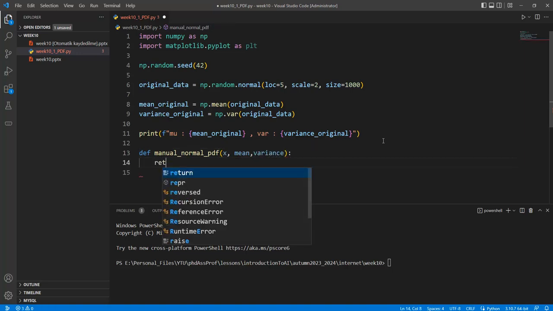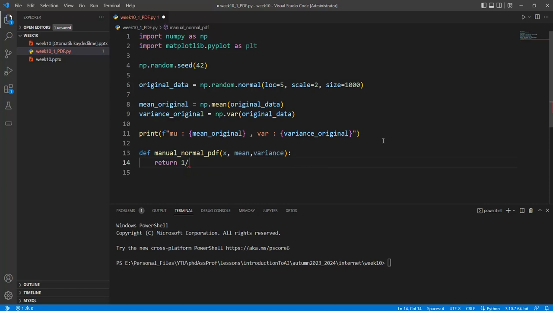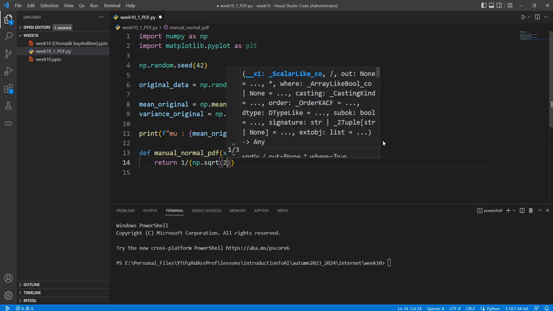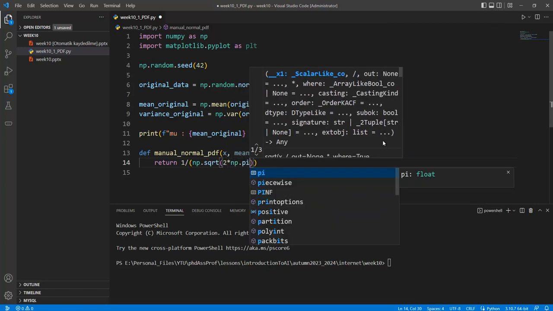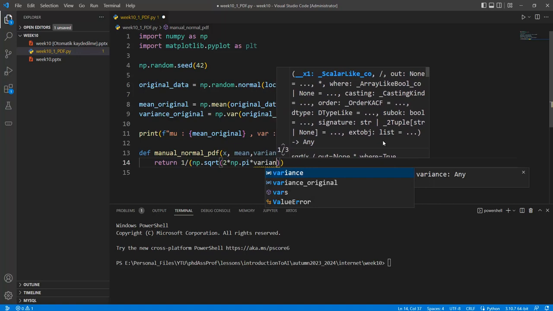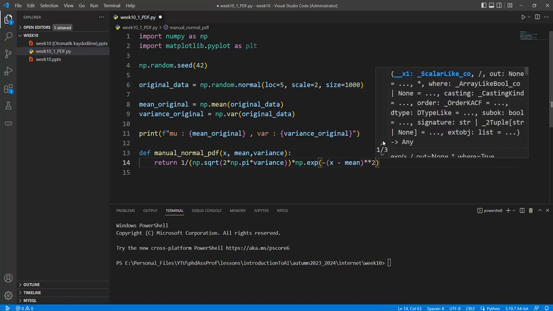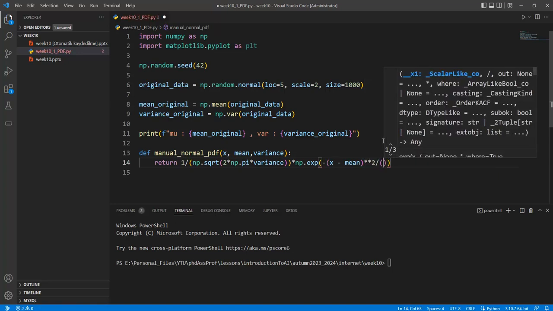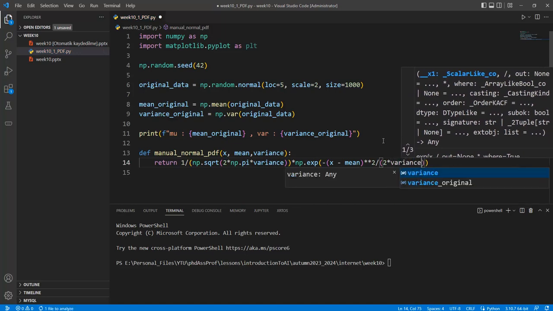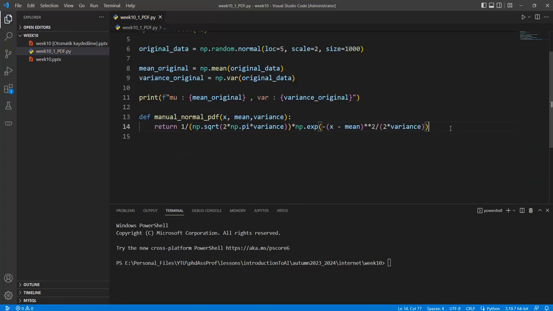And after that return 1 divided by np.sqrt of 2 times np.pi times variance, right, and np.exp of minus (x minus mean) squared divided by 2 times variance. Okay, this is the manual normal PDF function, right?